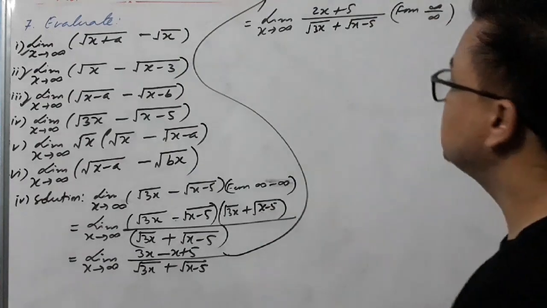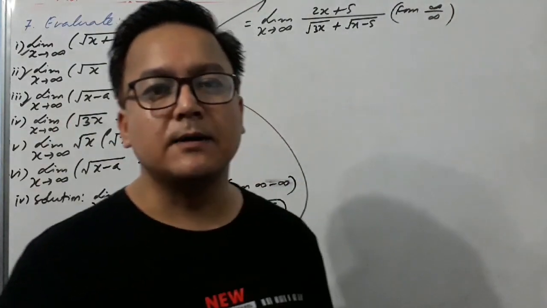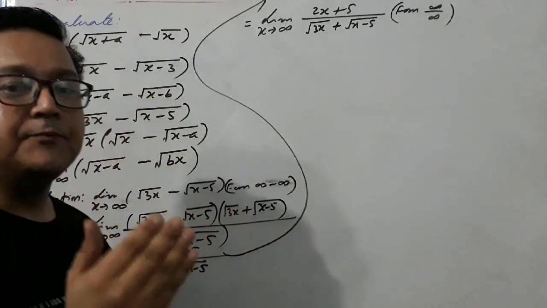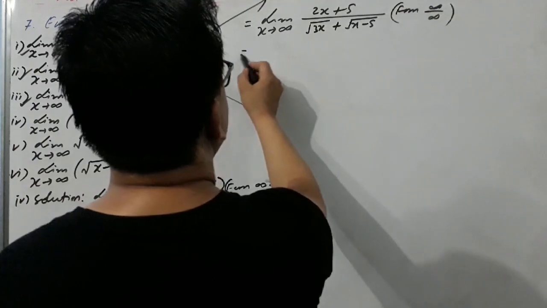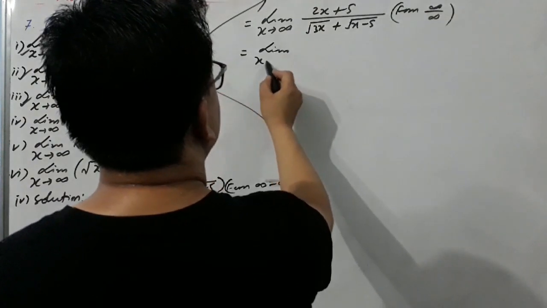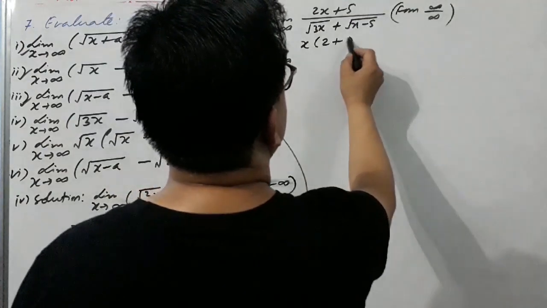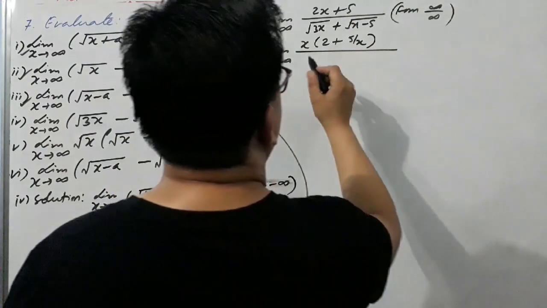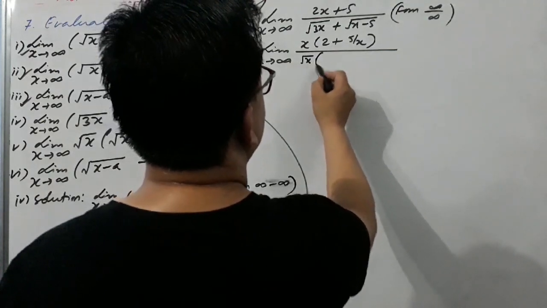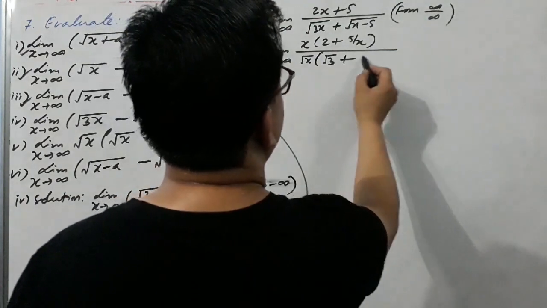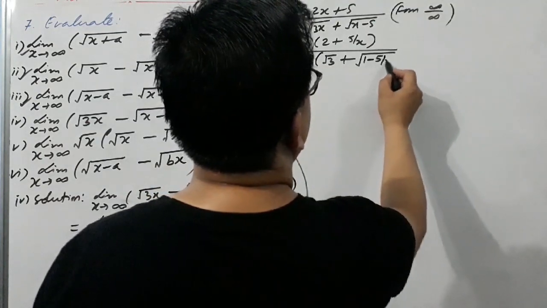Alright, so now only one option you have: whatever simplification we have done, now you need to take the variable common. In the numerator, x common gives 2 plus 5 upon x. In the denominator, you can't take x common, but you can take root x common, so you get root 3 plus root of 1 minus 5 upon x.